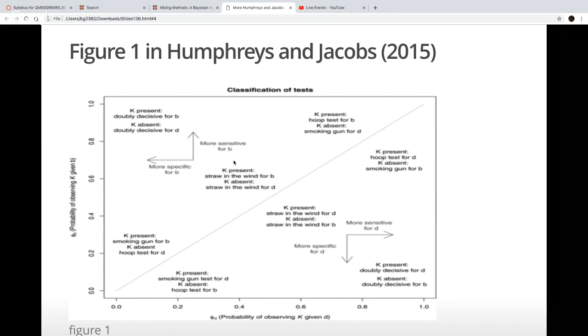And basically, the more you are toward the corners, the better it is for your research prospects, because if either K equals 1 or K equals 0, you're learning something, or you're learning a lot. Whereas if you're in one of these more intermediate areas, you might be learning more from K equals 1 than if K equals 0, or you might not be learning very much at all.